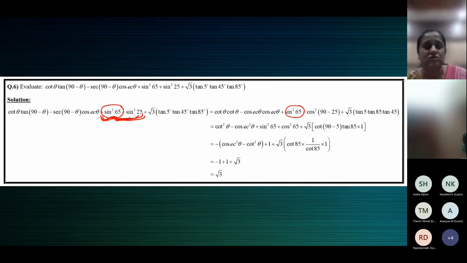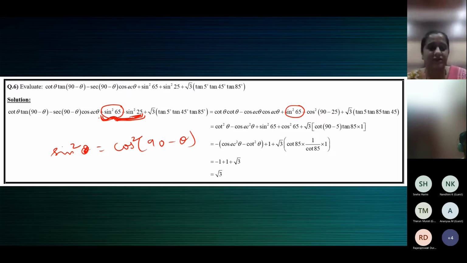And we want to change this to cos square something, cos square 65. We know that sine theta is equal to cos 90 minus theta. So sine square theta is equal to cos square 90 minus theta. So sine square 25 degrees is equal to cos square 90 minus 25 degrees. So we write cos square 90 minus 25 degrees.